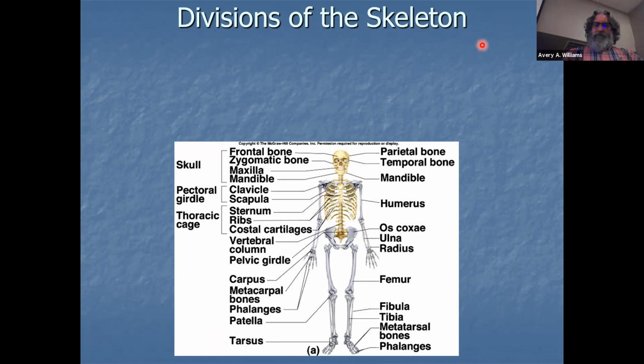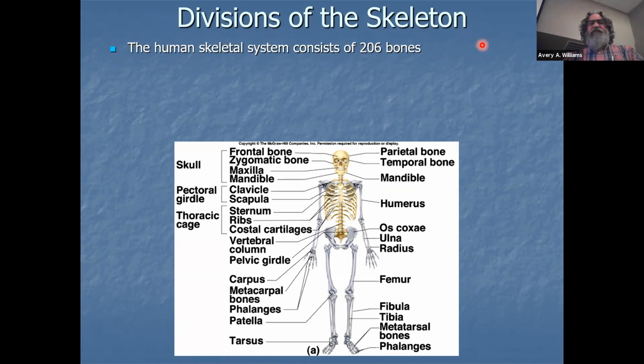Divisions of the skeleton. The human skeleton consists of 206 bones. In other words, 206. I always talk about that. Is it 206 or is it 212? Well, in this course, how I teach this course, 206 named bones.